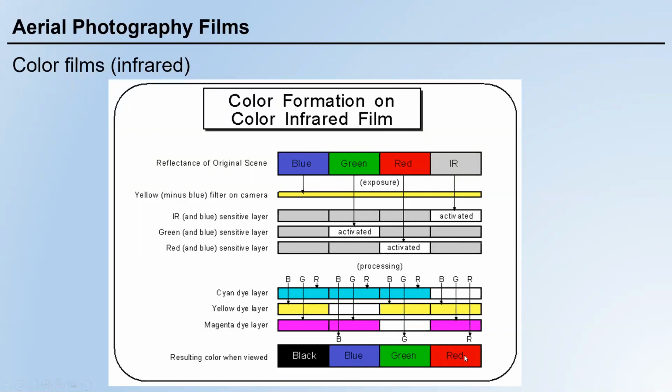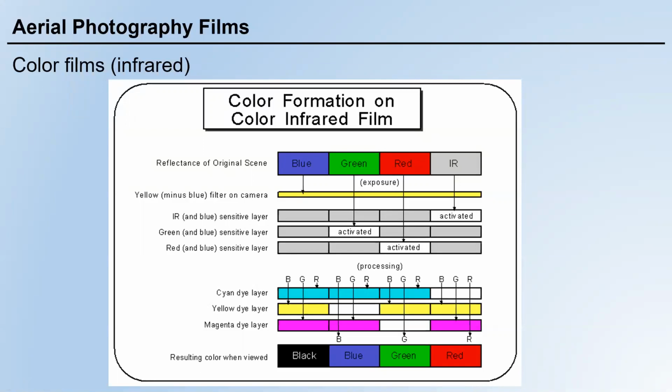If you find something red in your color infrared image, in the real world you cannot see the reflectance of infrared energy, but this red is telling you that that object is reflecting a lot of near infrared energy. It sounds complex, but it's not that complex.